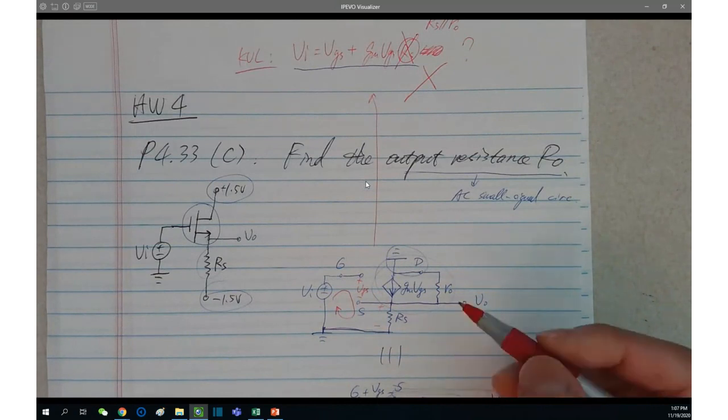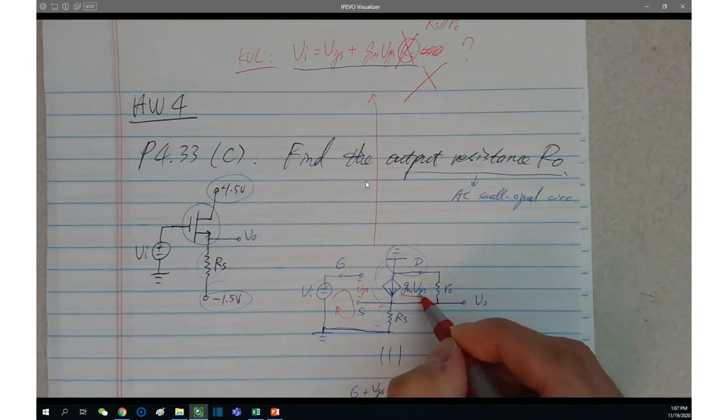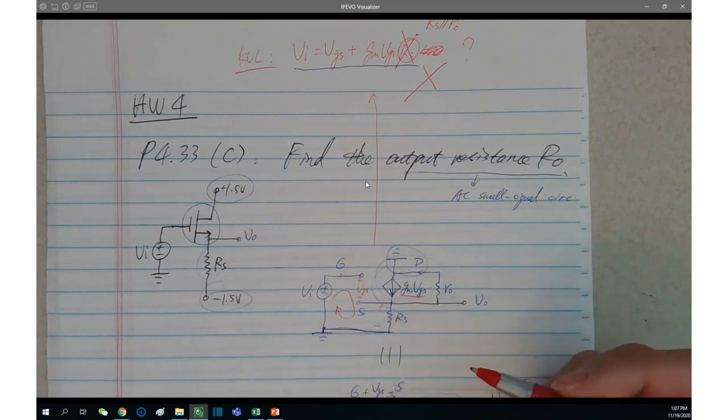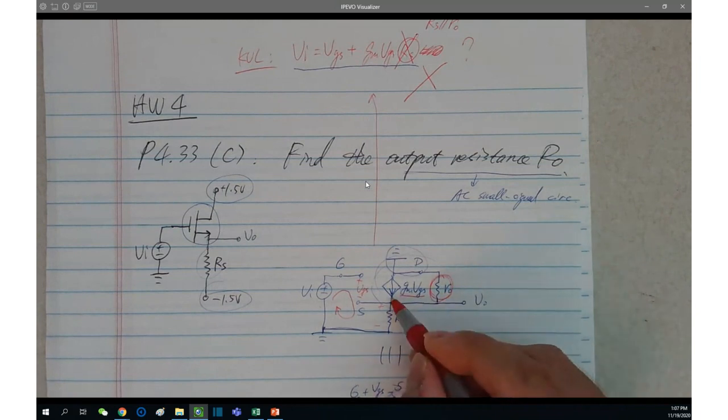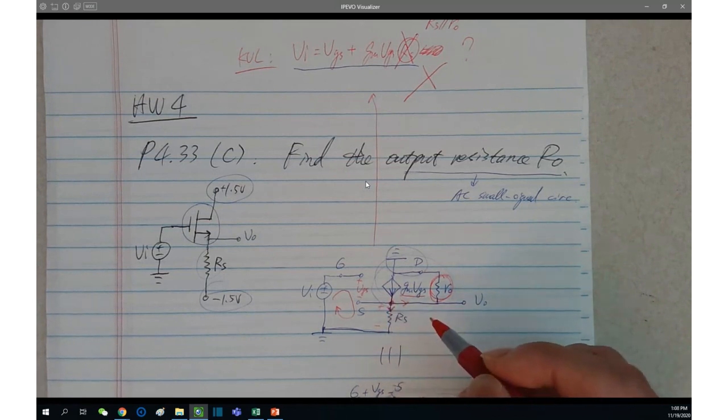Is it GM times VGS? No. The current through RS is not equal to GM VGS, because of the existence of R naught here. The current of this dependent source reaches this node, and some of it goes this way, the rest going through RS. Does it make sense? So the RS current is not equal to GM VGS.